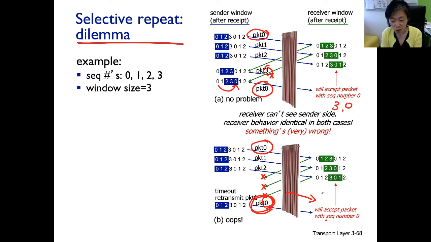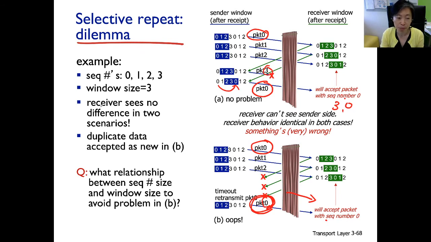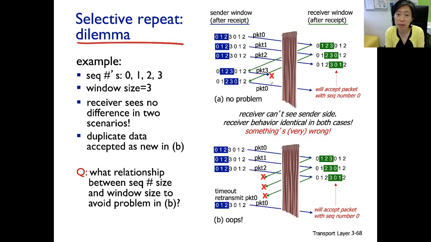So you do have a situation here. From a receiver's point of view, it actually sees no differences in the two scenarios. You get duplicate data in the end in case B. So we need to be careful here to prevent packet 0 here and packet 0 here, obviously 2 different packets, from being confused as the same packet.